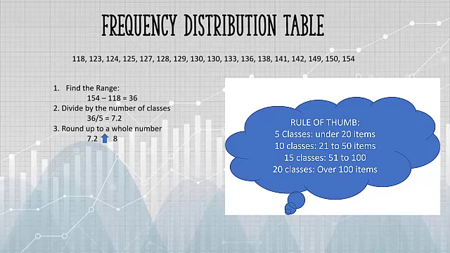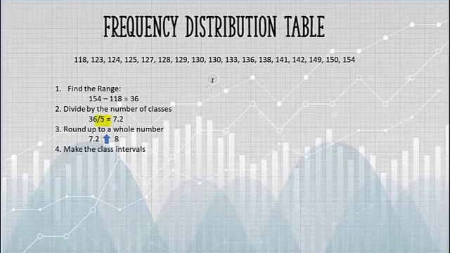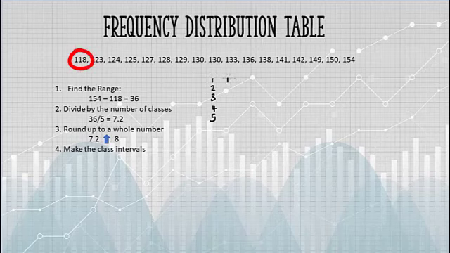And I'm going to use all of this information to make the class intervals. I chose 5 classes, so I'm going to write the numbers 1 through 5. My first interval is going to start at the minimum. Then I'm going to add the number I got in this step here. That gives me 126.